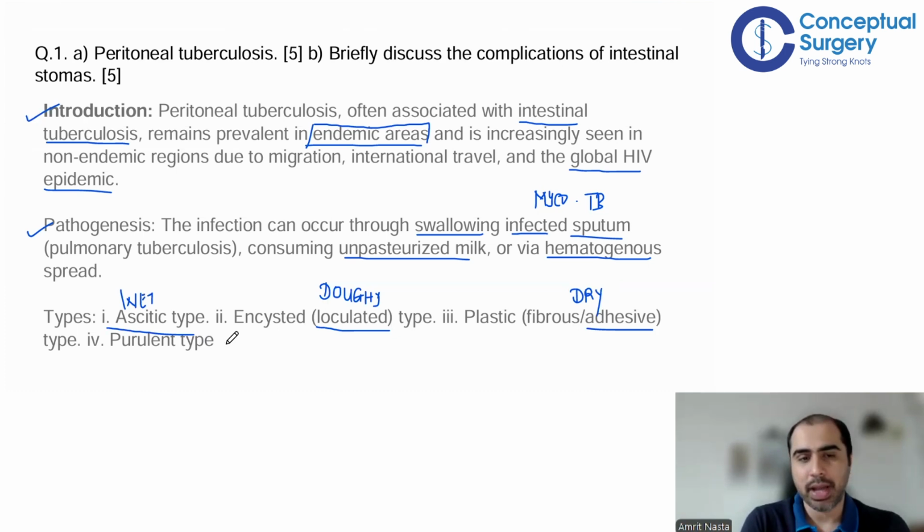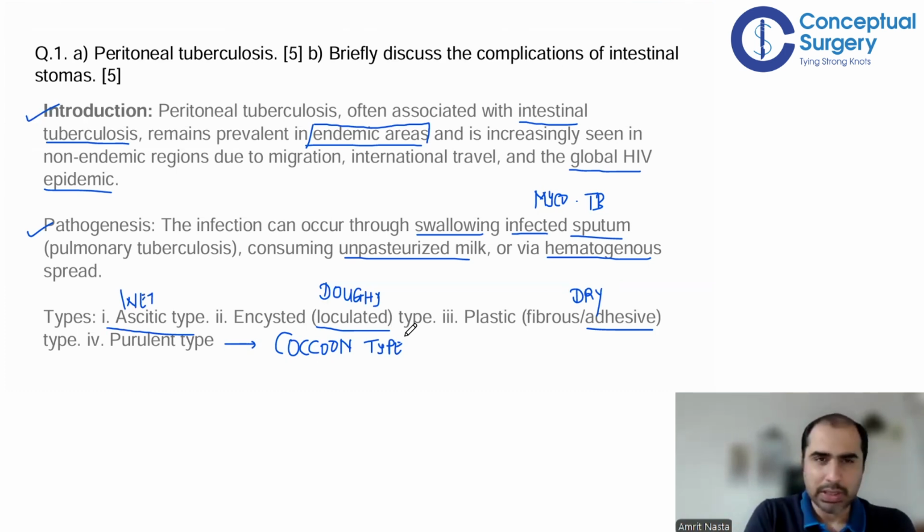There can be the purulent type, and the most exaggerated type, where there are adhesions and everything comes together, is called the cocoon type, which is a nightmare for any surgeon. So these are the five basic types of peritoneal TB: dry or adhesive, wet or ascitic, loculated, purulent, and cocoon.